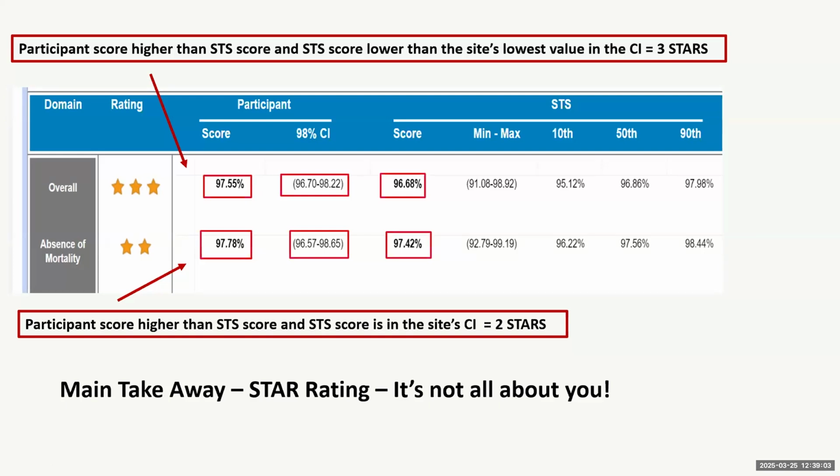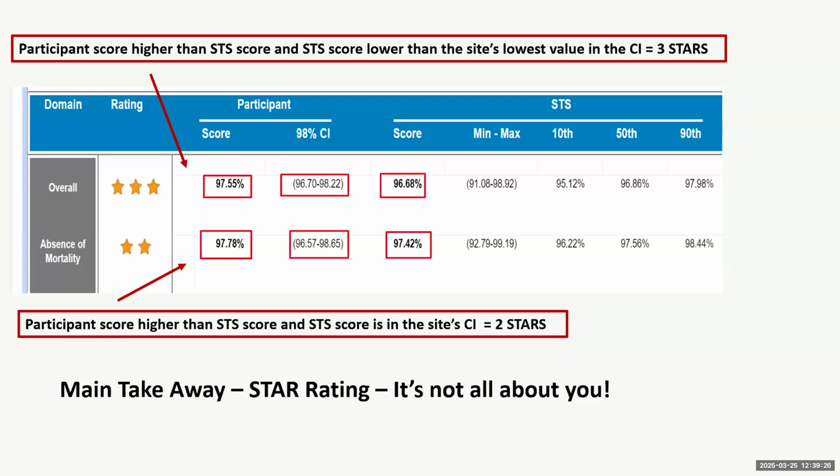But the main thing here is it's really not all about what you're doing. If the whole STS mean is shifting higher and you're not moving, then that's going to affect your star rating. So it's really about what everybody else is doing in relation to what you're doing.